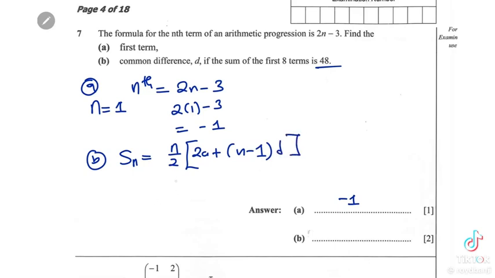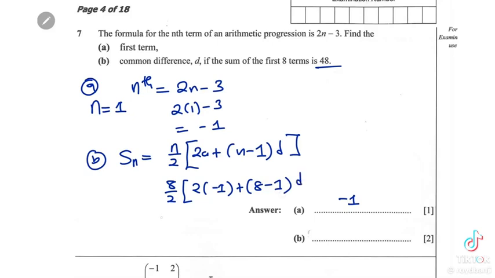So you're going to replace n with 8. You're saying first 8 terms, so 8 divide 2. Then here 2, the first term is what? The first term is negative 1. We found it. Then wherever there's n, we put 8.